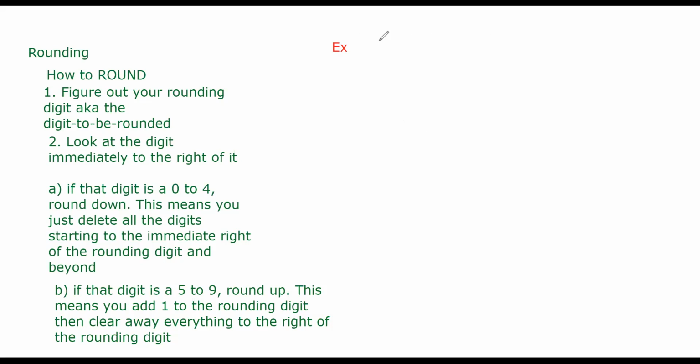Let's remember our little friend pi. No, let's not do pi. Let's take the number 355.6127984.